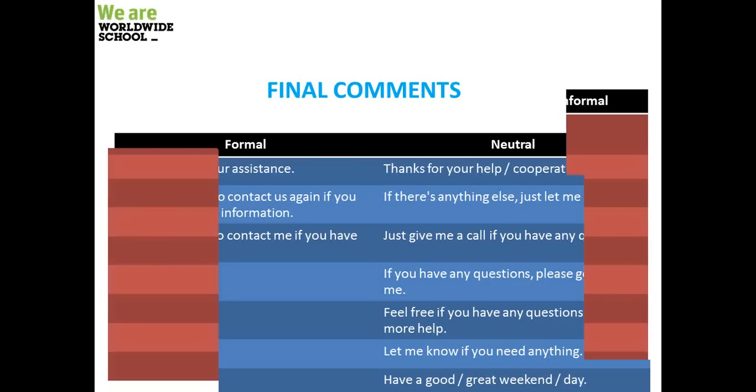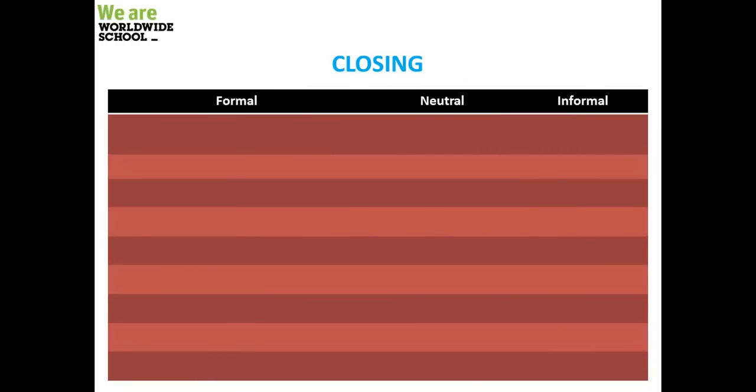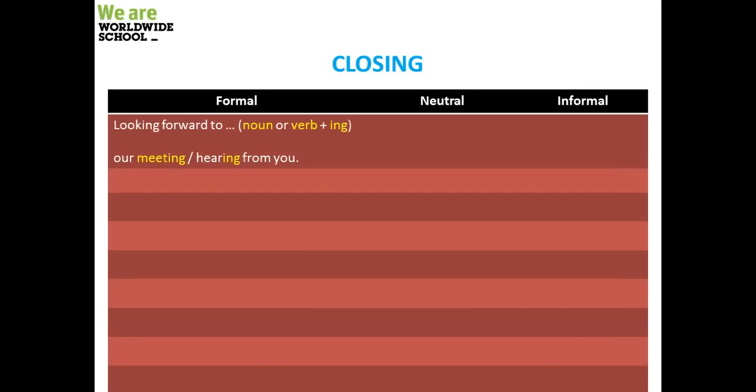The final comment is not the last line in an email. And something that many of my students ask me about is how to actually close an email with something nice, and what the differences are. So, of course, in formal emails, we can write something like, "Looking forward to."